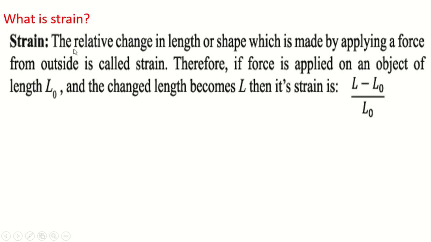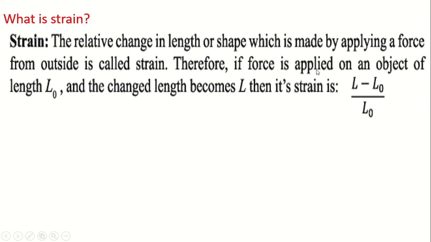What is strain? The relative change in length or shape which is made by applying a force from outside is called strain. We have seen when we applied the force on the string, the length of the string changed.